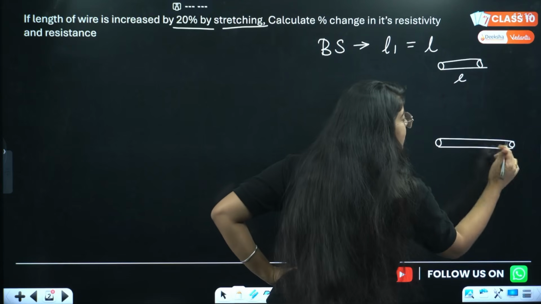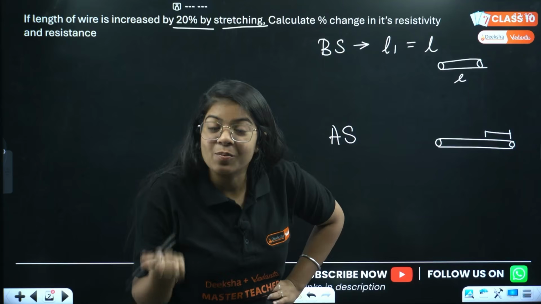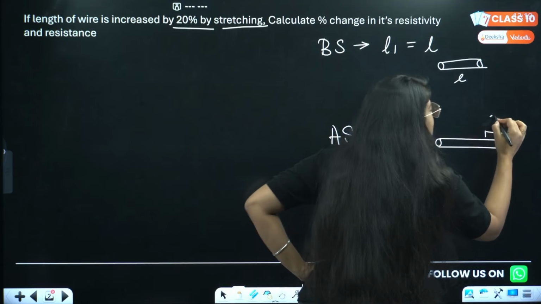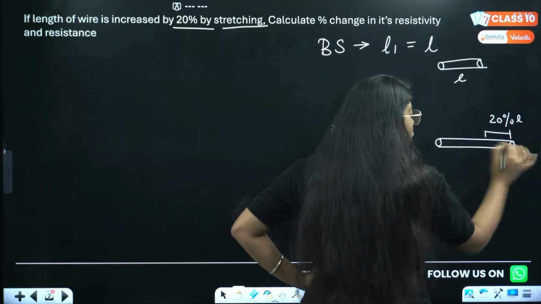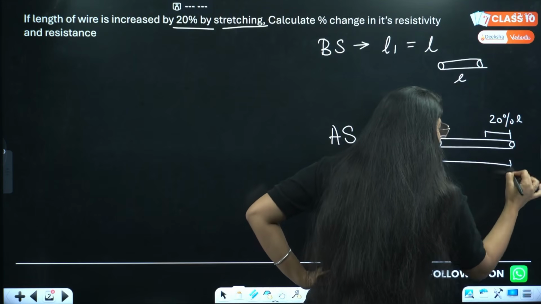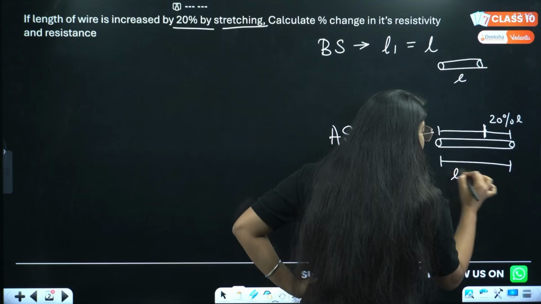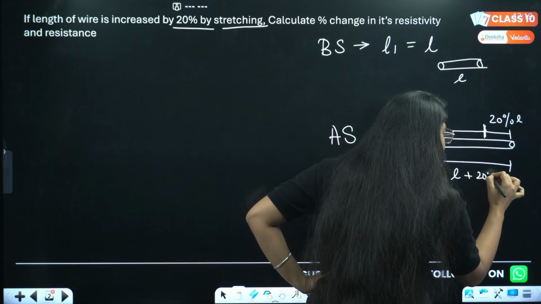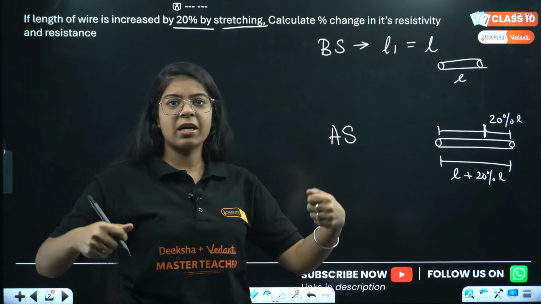So this increased part, how much did it increase by? It got increased by 20%. So this extra part will be 20% of this length. So the whole length will be what? L, that was original, plus 20% of L. Very simple, basic, nothing rocket science in this.